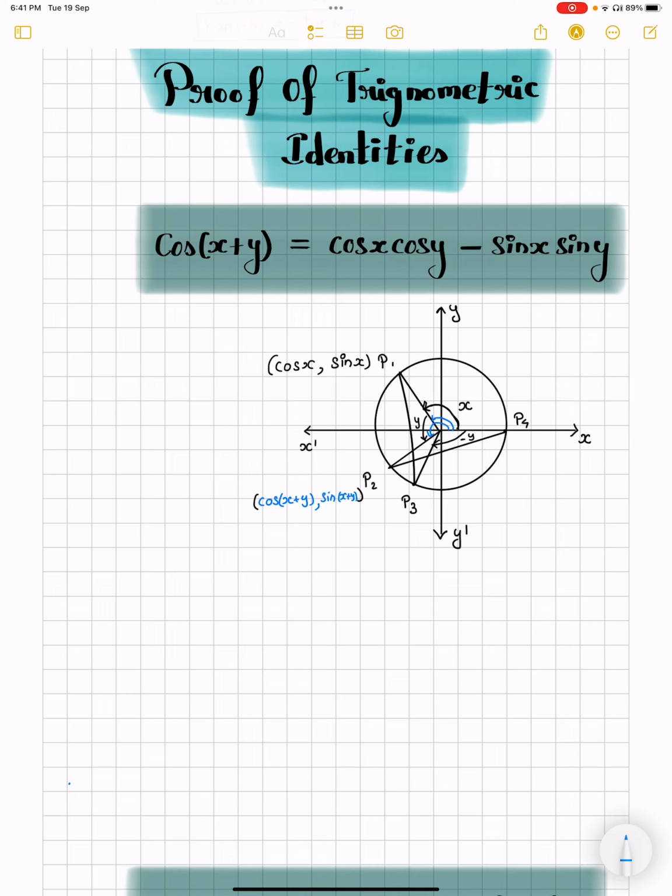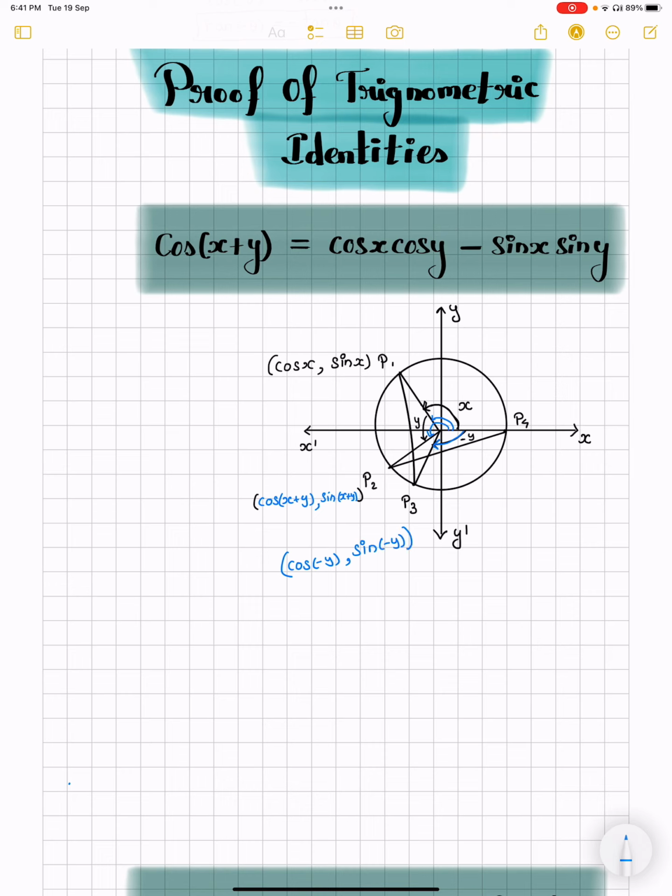That's going to be the angle here. And then now let's come back to P3. P3 here has an angle of minus y. Then how is my coordinate going to be? Cos of minus y, and then comma sine of minus y.